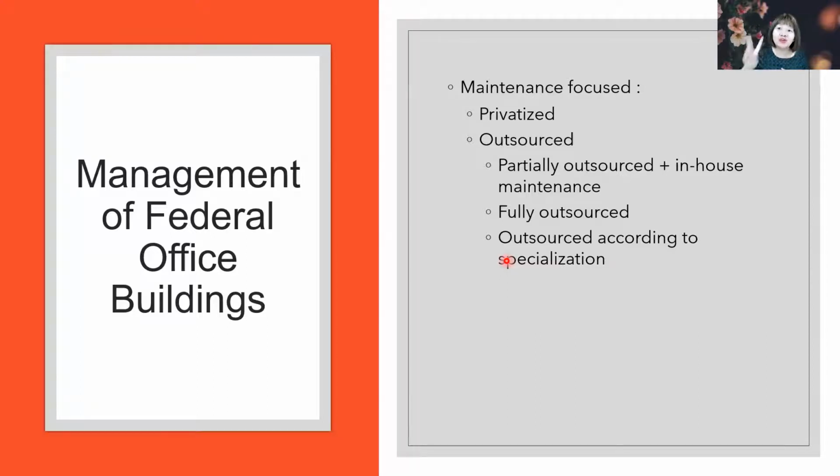The maintenance will be focused into two. One is privatized, which is maintained by the owner. Second is outsourcing: partially outsourced plus in-house maintenance, fully outsourced, or outsourced according to specializations.